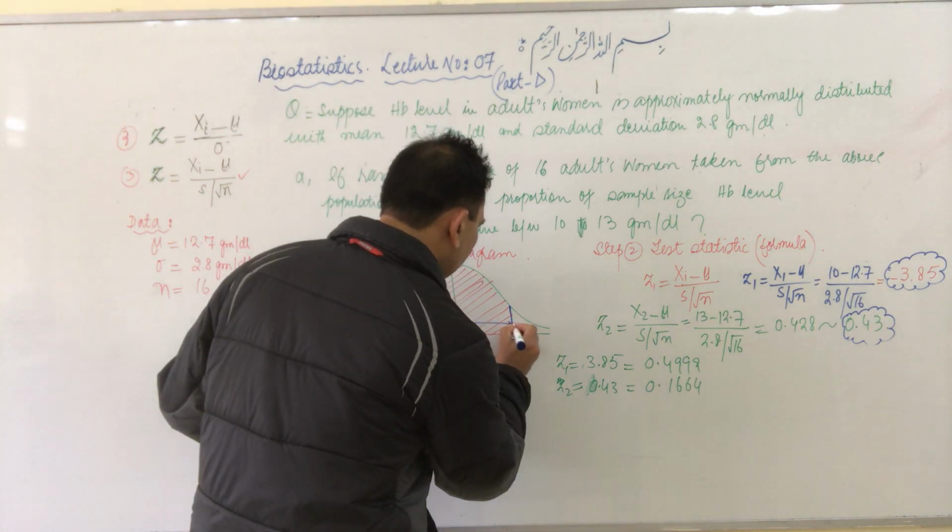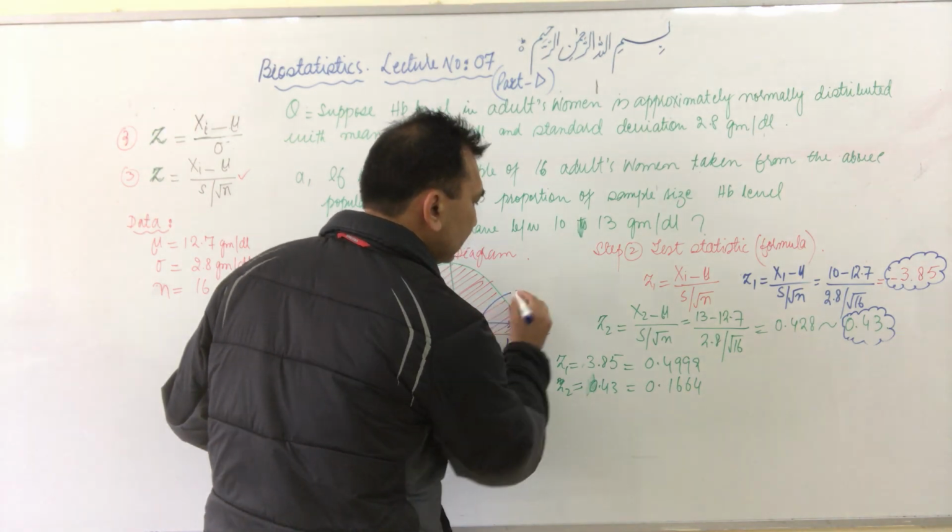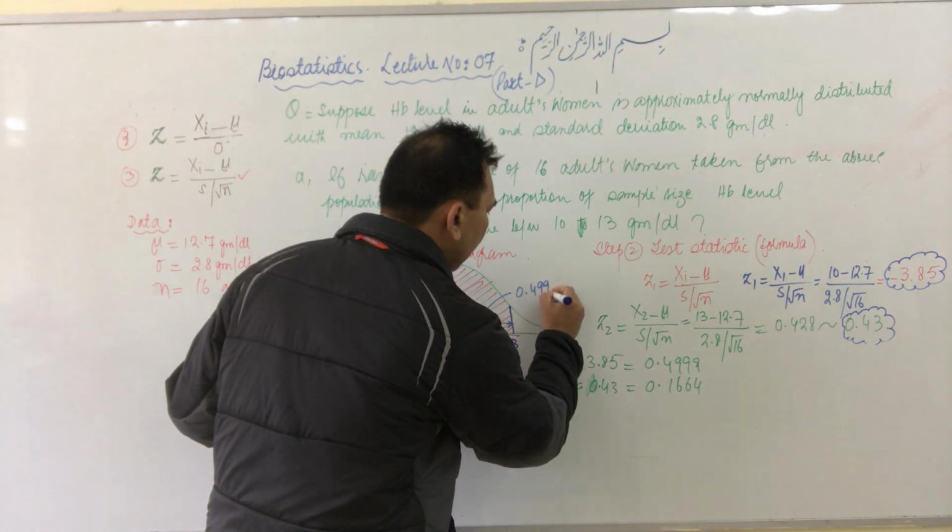From here to here, this comes up 0.4999.